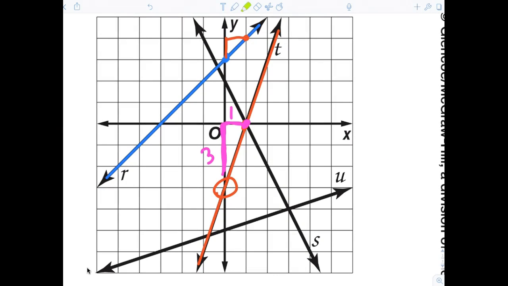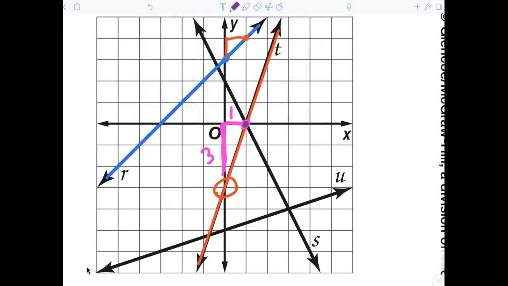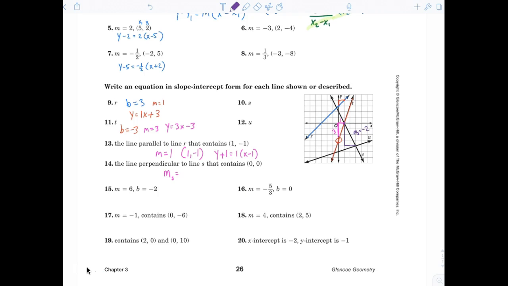So here is S. From here to here. So the slope of S is equal to what? Yeah, it looks to me like negative 2. All right? So now I come down to my problem. The slope of S is negative 2 because we just looked at the graph and saw that it was negative 2.